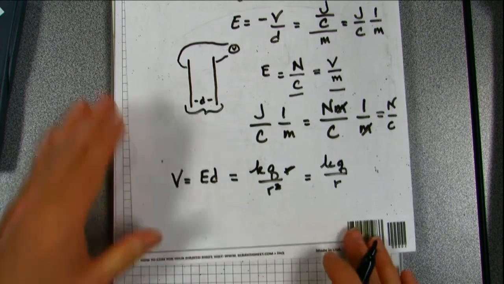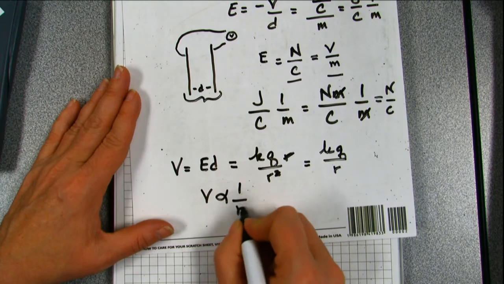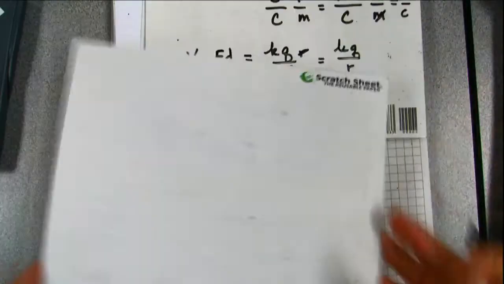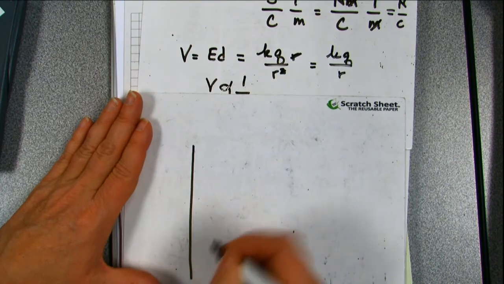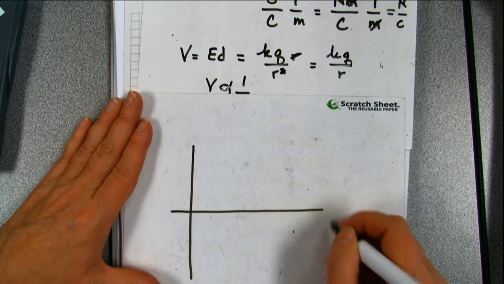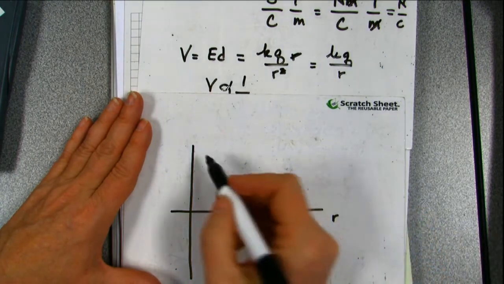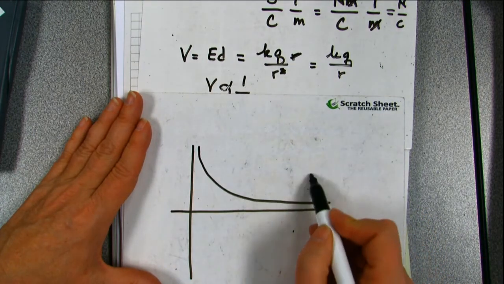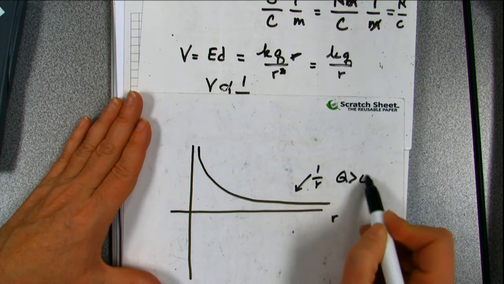So what happens is that my voltage is going to be proportional to 1 over R, and if I look at that graphically, and for this is R, my voltage is going to drop off as 1 over R, and this is for Q greater than 0.